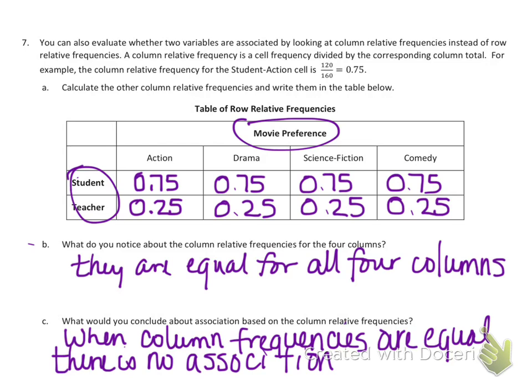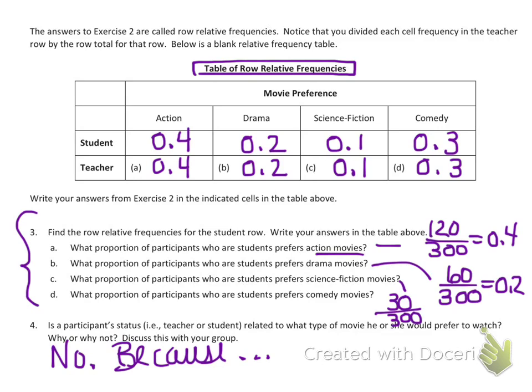Okay, so there's a simple response to that. This shows no association. I think it's a little easier to think about with the row frequency in this case, because it's really easy to see here. 40% of students prefer action, 40% of teachers prefer action.